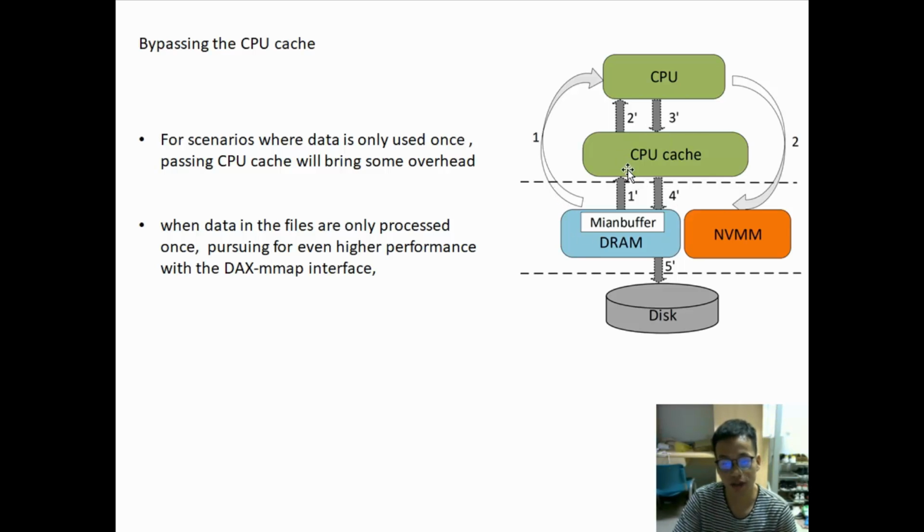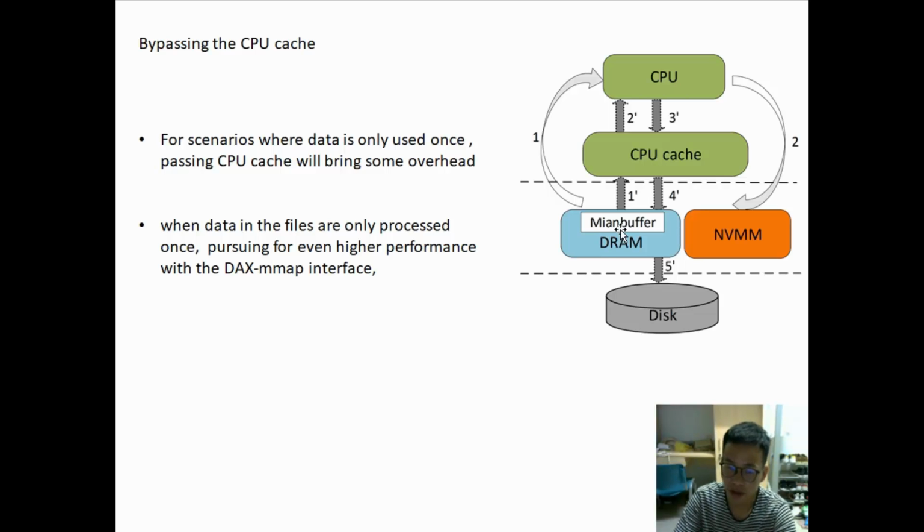For scenarios where data is only used once, if it passes through the CPU cache, cache misses will be generated continuously. Besides, the CPU cache also needs to be frequently flushed to keep data consistent. That overhead will not have a significant impact on a traditional file system because the disk I/O is the main bottleneck.